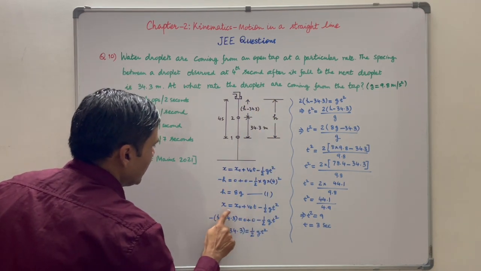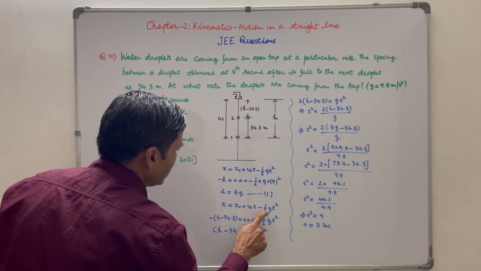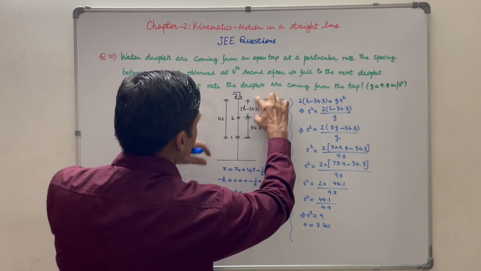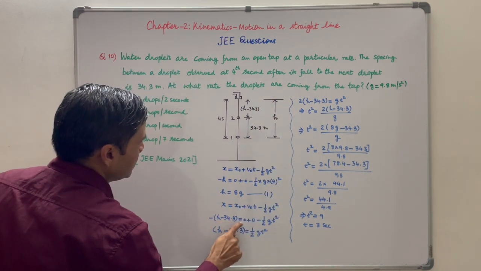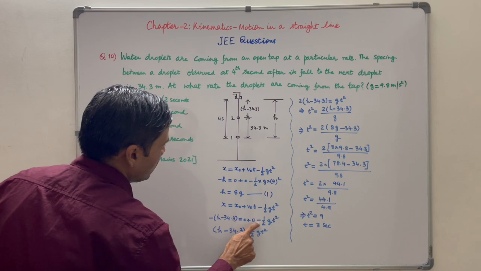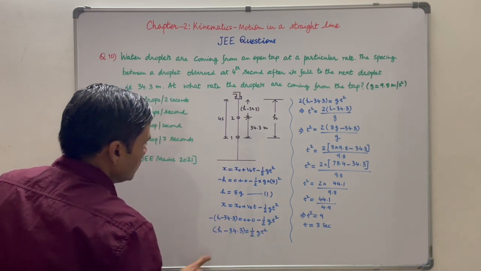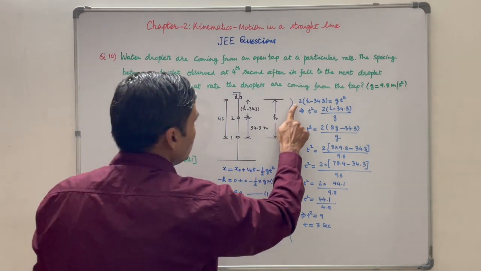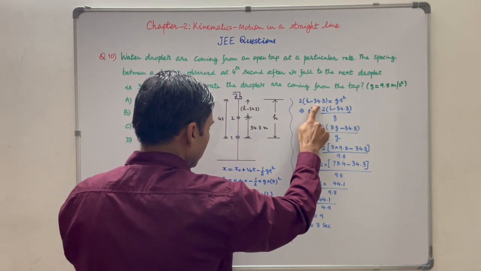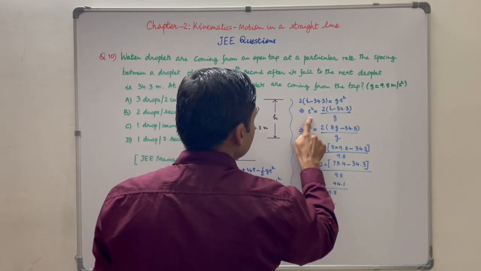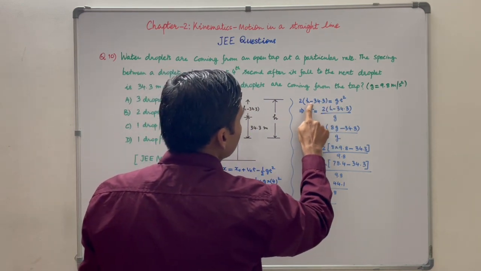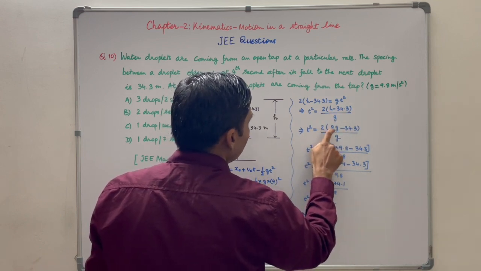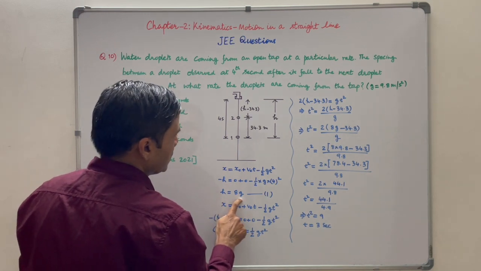Again, consider this section. Using the same formula, x = x0 + v0t - 1/2 g t². Here x is equal to minus (h minus 34.3), x0 is 0, v0 is 0, minus 1/2 g t². So h minus 34.3 is half g t², or 2 into (h minus 34.3) = g t², or t² = 2(h minus 34.3)/g. h is equal to 8g from equation 1.